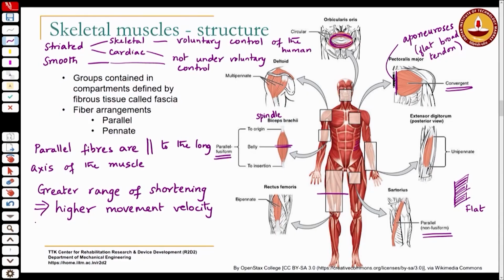And typically the parallel muscles, I am using this symbol for the parallel, are longer than the other types. And the muscle fiber is longer than the tendon.